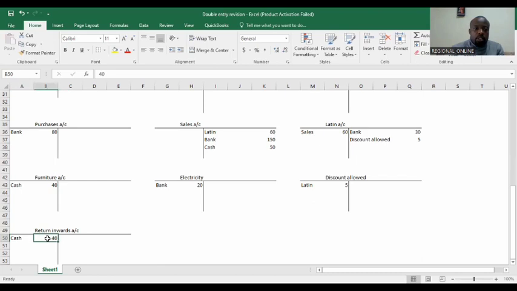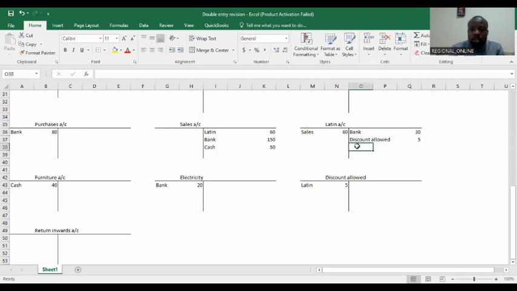So the question is, how can I record that transaction? First of all, go to the customer who is returning. Remember, Latin had a debt of 60, paid 30, and was given a discount of 5. But the remaining balance is returning some goods, so that amount is going to reduce this debt again.